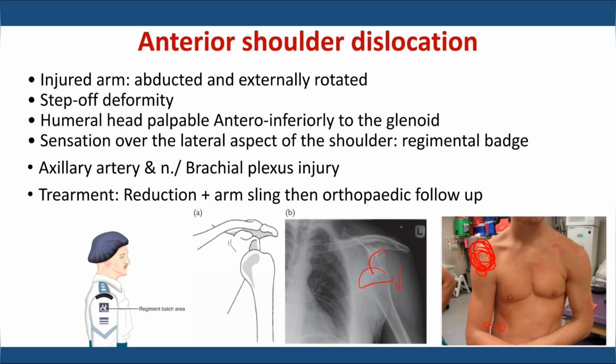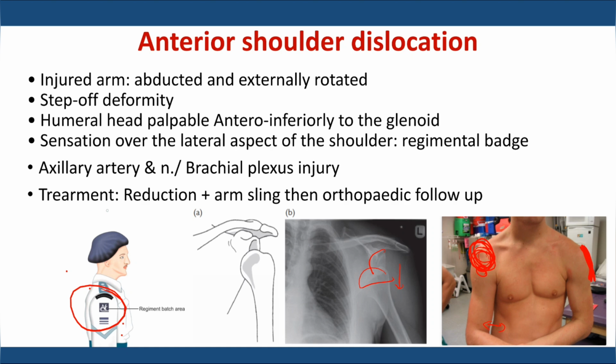The common injury that happens is to the axillary nerve. The axillary nerve supplies the part of the arm called the regimental badge area, where there will be absence of sensation. Sometimes it may also involve the axillary artery or brachial plexus injury, but this is rare.